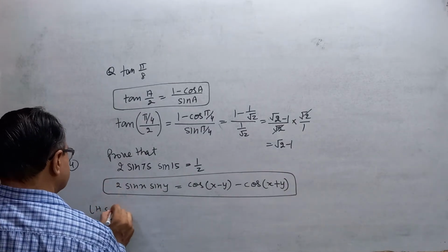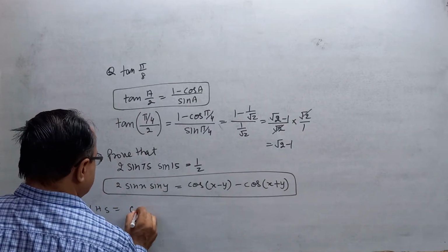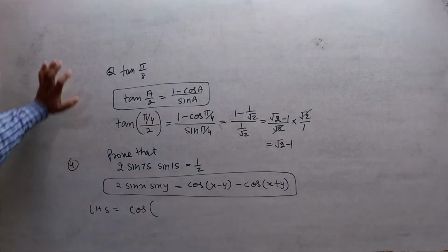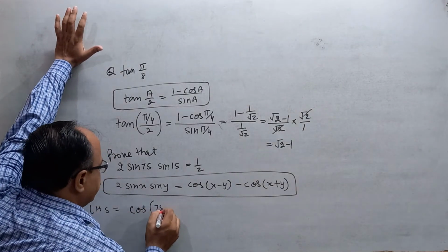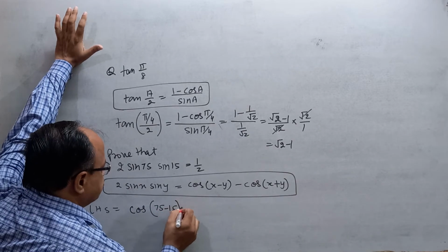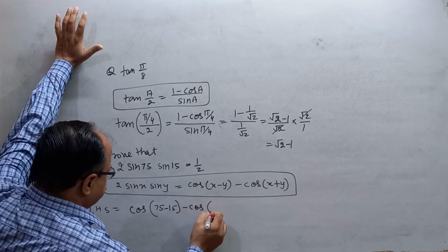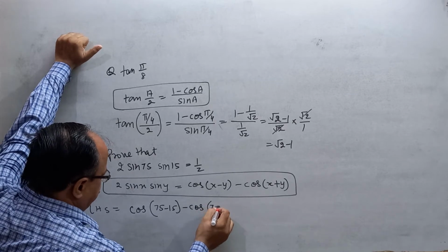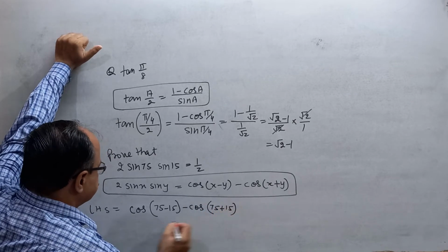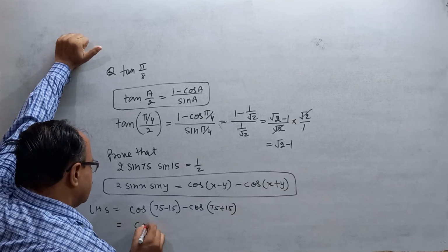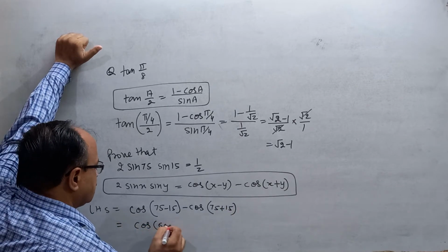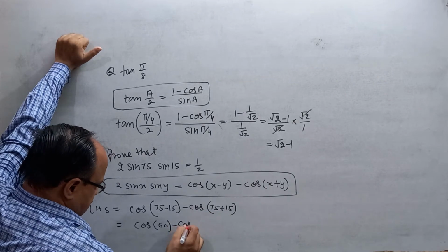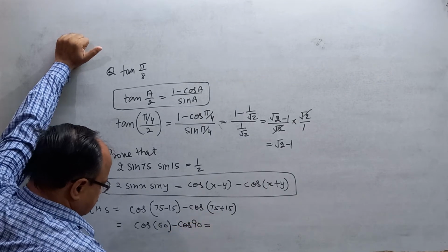Left hand side, cos (x minus y), x is here 75 and y is 15, minus cos (x plus y), 75 plus 15. Now that is cos 60 minus cos 90.